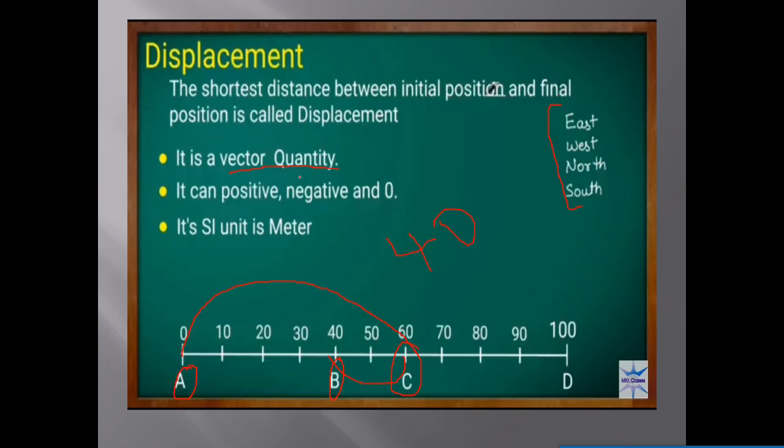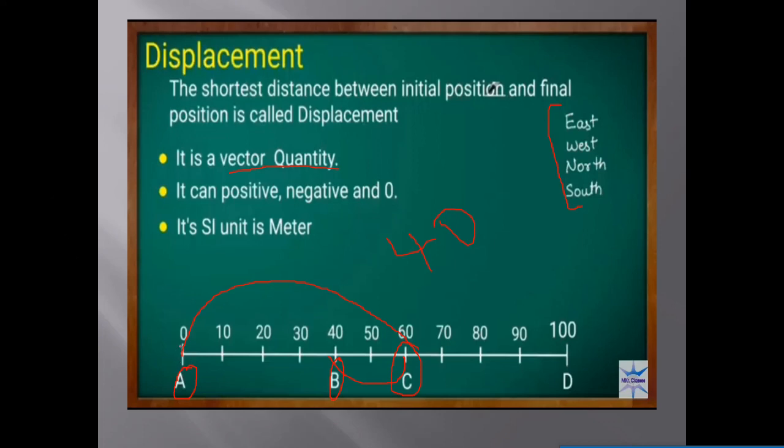It can be positive, negative or zero. If I take a reference point, if the object is moving in the direction away from the reference point, it will be positive. If it is in the direction opposite to that of the motion, then it can be negative, and it can be zero also. When will that displacement be zero, children?